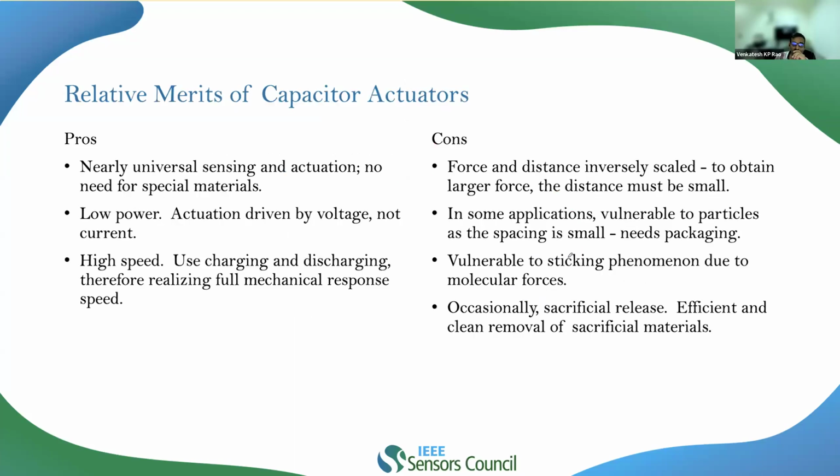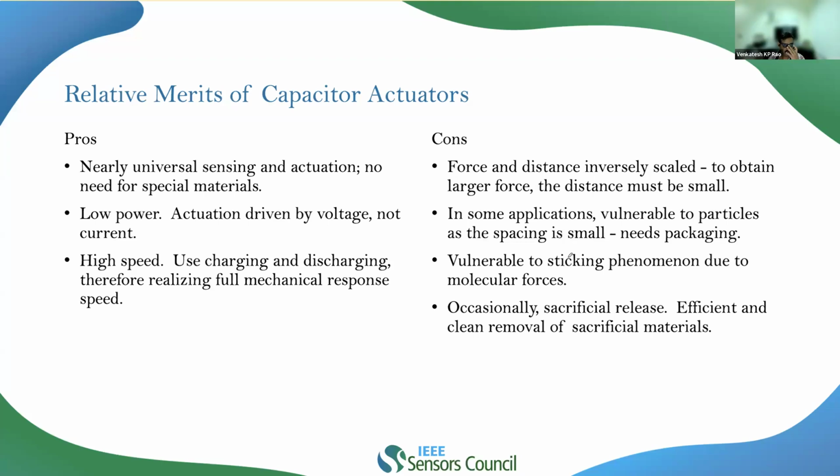Now, if you look at the pros and cons of the capacitive-based actuators, almost the majority of the actuators you can see will be by capacitive means. They usually require very low power and the actuation voltage is very small. And the speed of operation is also quite large, they are very high speed.